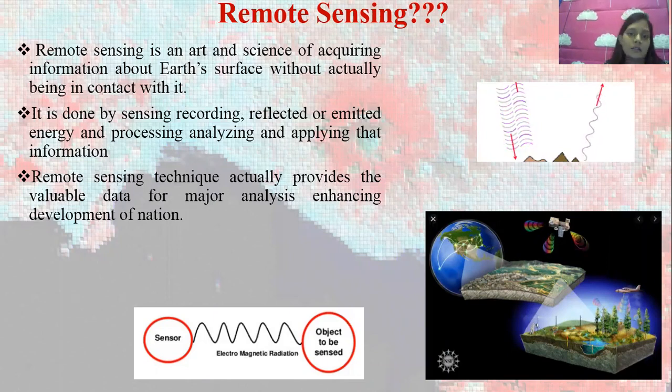That is known as electromagnetic radiation, right? So electromagnetic radiations come from the source of energy, and then they take the information about the earth feature. Now, how is sensing done? By recording the reflecting of rays or the emitting of rays. These three processes are used to analyze the information, right?